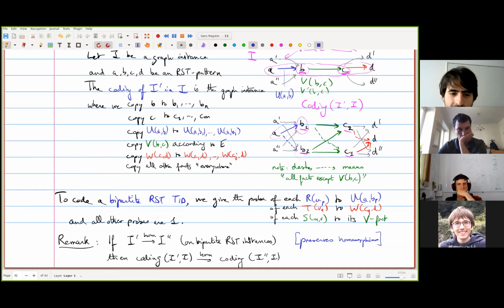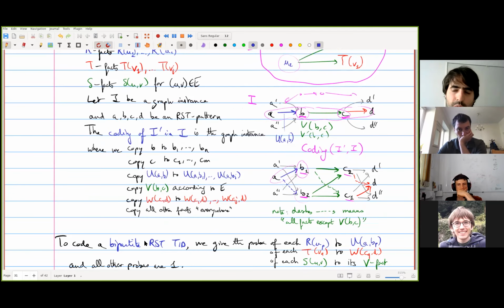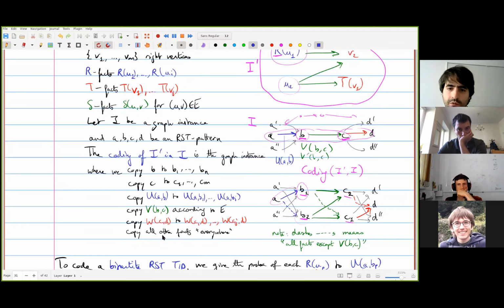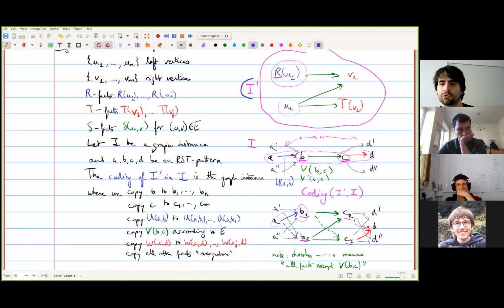And the key point is that this preserves homomorphisms, in the sense that if I have a bipartite graph having a homomorphism to another bipartite graph, one can check that the coding here will have a homomorphism to the coding of this other bipartite graph. Because if you merge together elements of the bipartite graph, you can merge together elements of the coding and it will work in the same fashion.